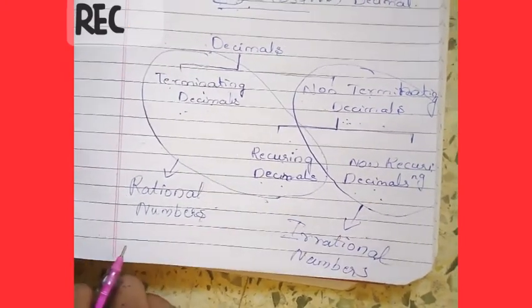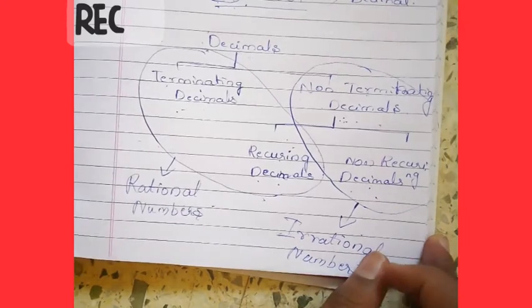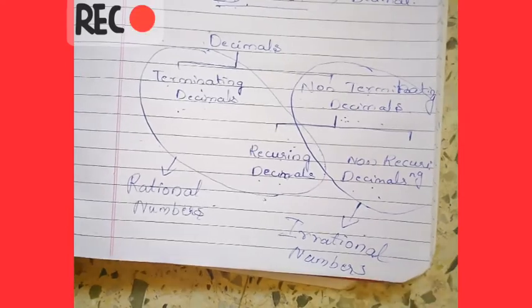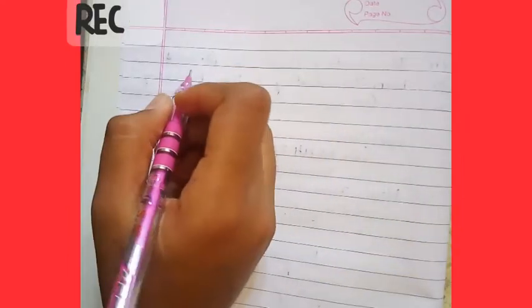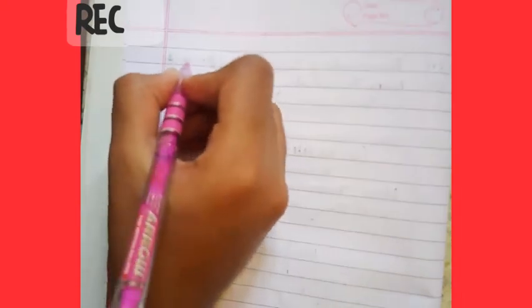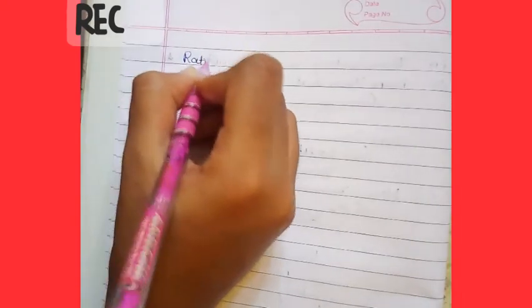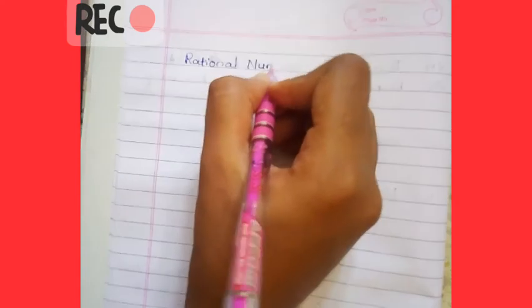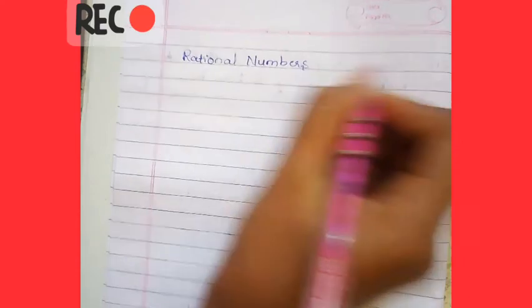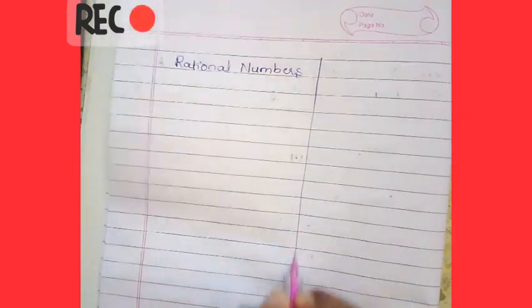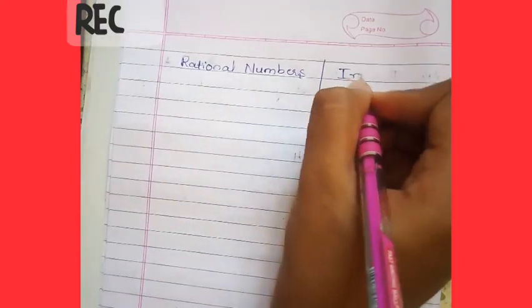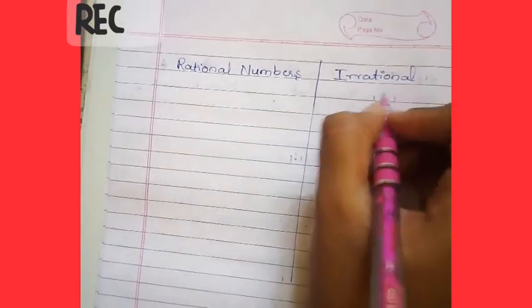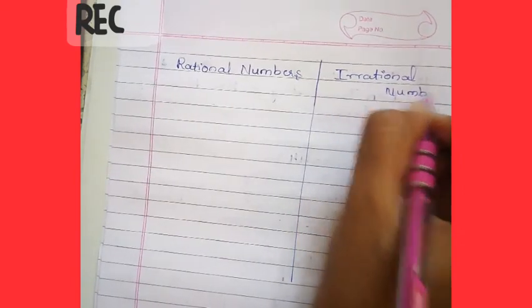So let's classify the examples into rational numbers and irrational numbers. I am making the columns of rational numbers and irrational numbers.